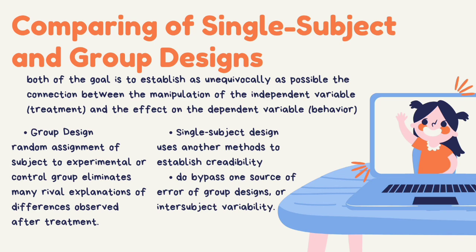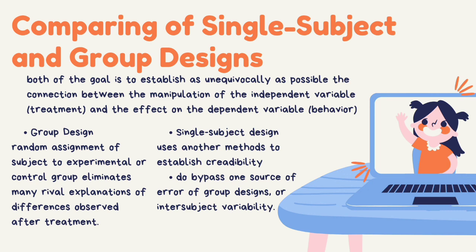The last is comparing single-subject and group designs. Both have the goal to establish as unequivocally as possible the connection between the manipulation of the independent variable, or the treatment, and the effect on the dependent variable, or the behavior.